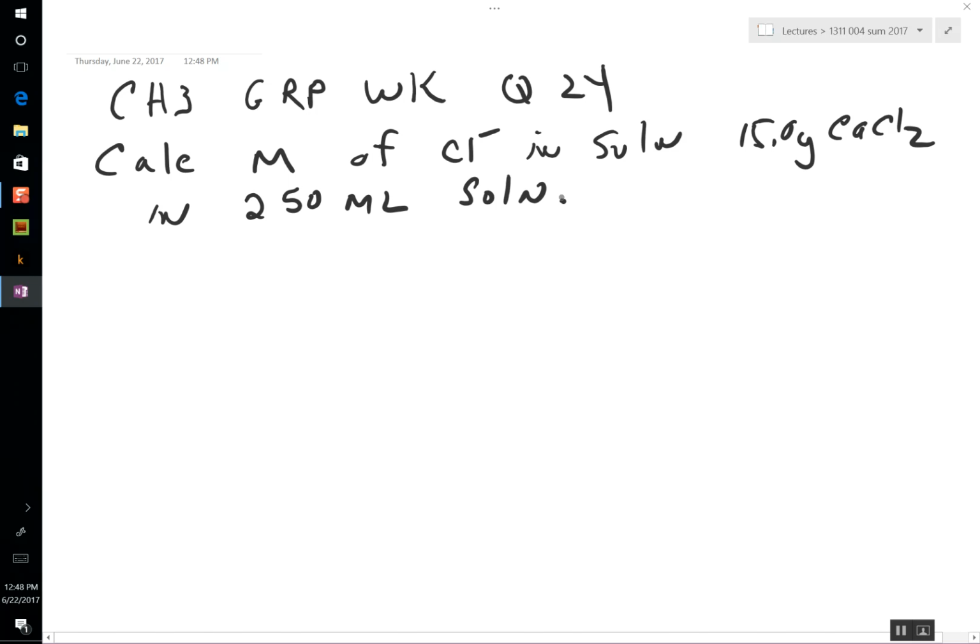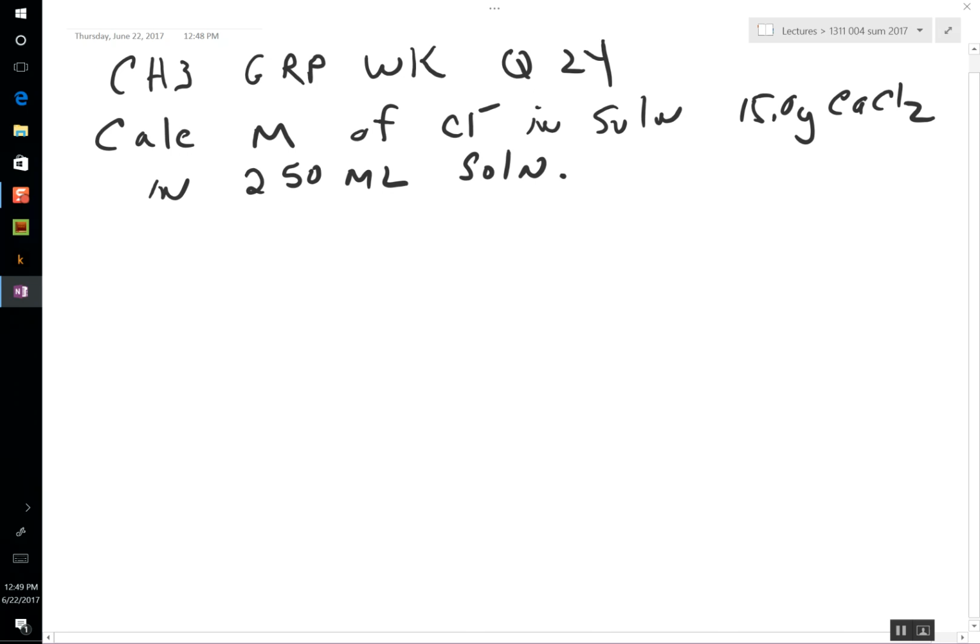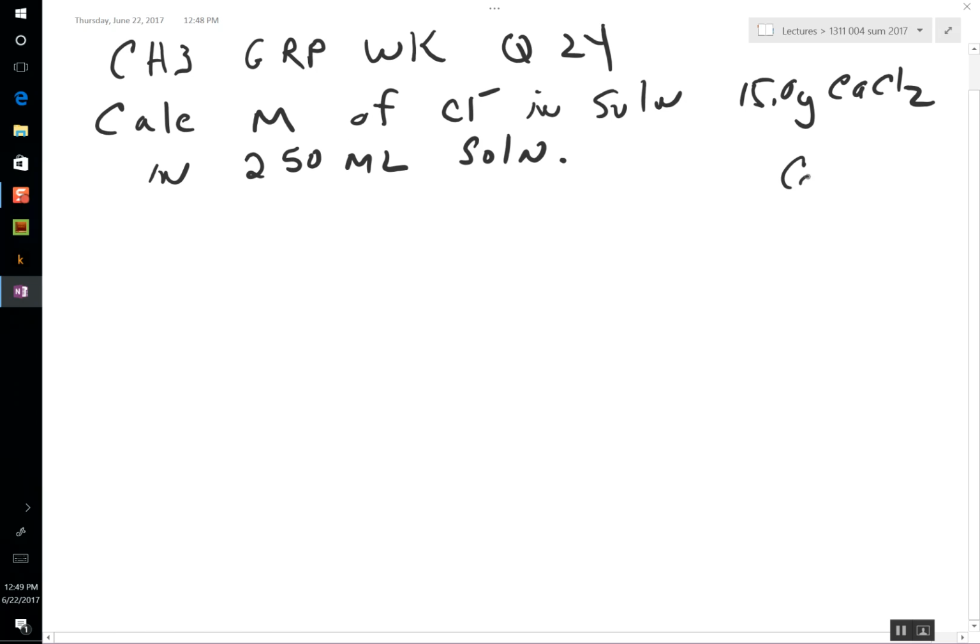Okay. Well, eventually we're going to need to know the molar mass of calcium chloride. I can see that coming. So let's figure that out right over here. Calcium 1 times chloride.